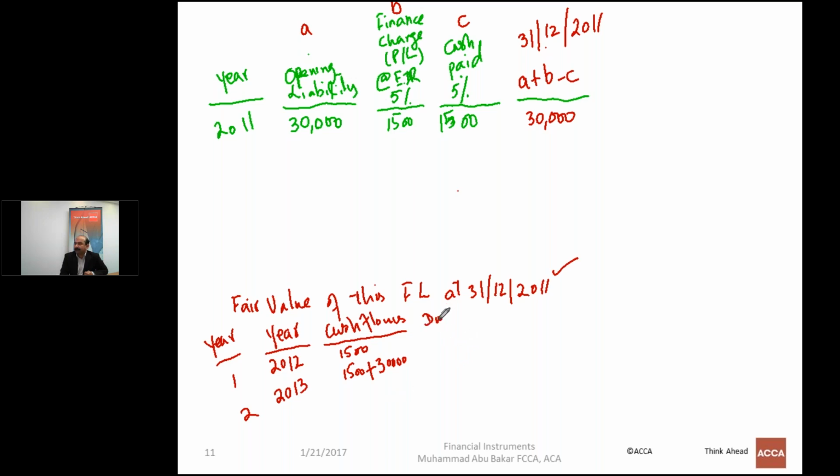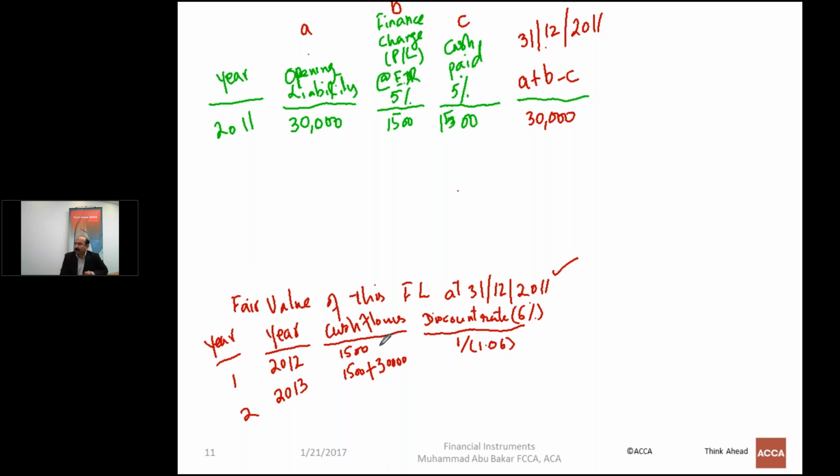Discount rate. The discount rate used will be the new market rate, which is now 6%. As we learned, 2012 is the first year, and for the first year the discount factor will be 1 divided by 1.06 raised to power 1.